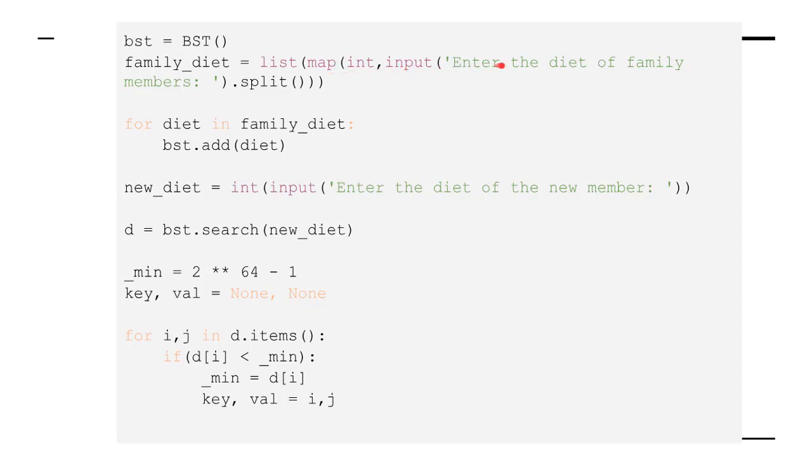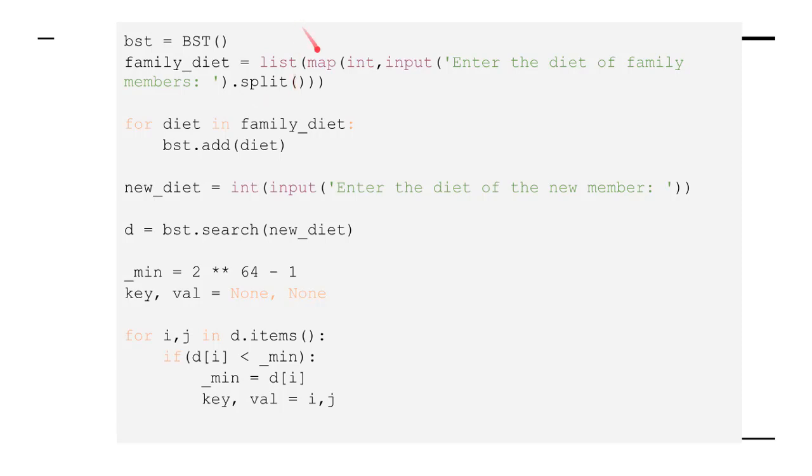This step right here, this input, and then this entire string, then dot split. This entire part is a method in Python through which we take space separated inputs. Now in Python, every input that we take is actually a string, so we need it in integer format.